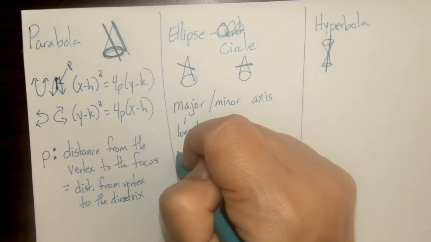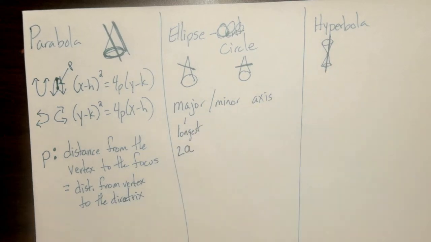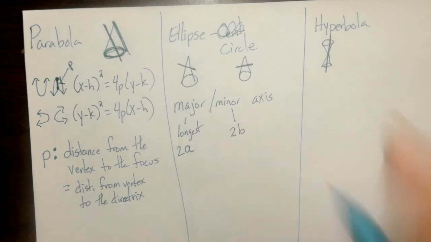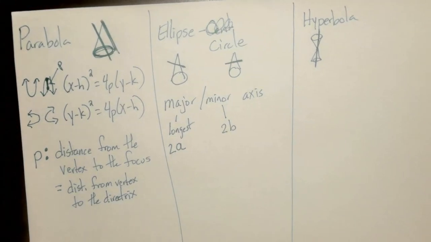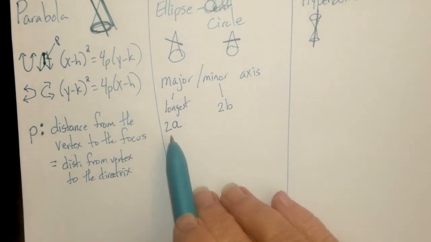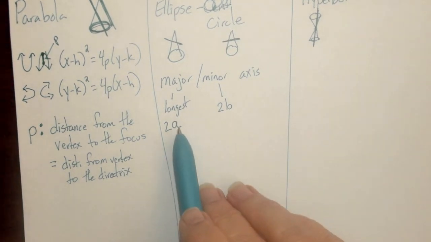The length of the major axis is 2a. Length of the minor axis is 2b. And so that a being longest, that's going to tell you which way your ellipse is oriented.